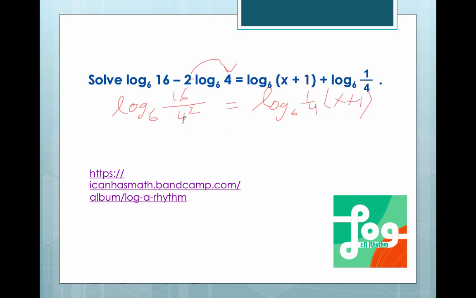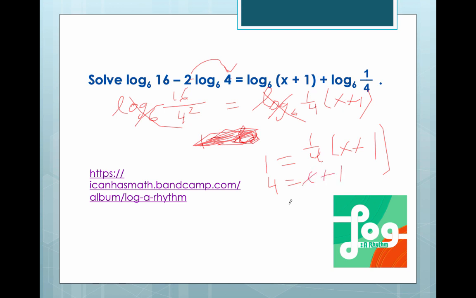So this is really going to be the number 1. 1 equals log, whoa. I'm going to have 1, because I can drop these logs. 1 equals 1/4 times x plus 1. I'd multiply both sides by 4, and I'd have x plus 1, and I'd get x is equal to 3.